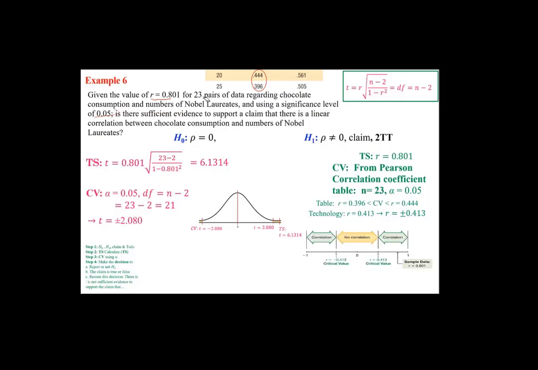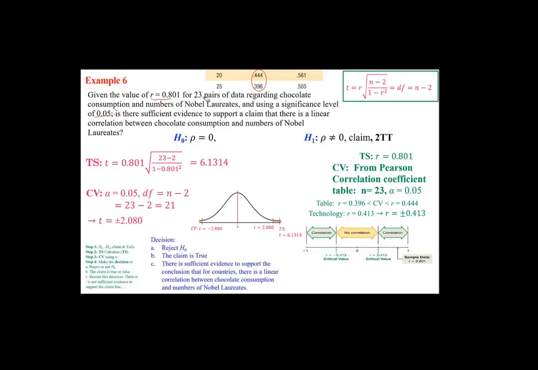If you look at the other one, basically the same thing. Now, even if you don't pay attention to technology and you just look at the numbers you came up with, the best case scenario or the worst case scenario, 0.396 or 0.444, somewhere in between, 0.801 is beyond both of them. And therefore, it puts you in the rejection region, and the rest is very clear.